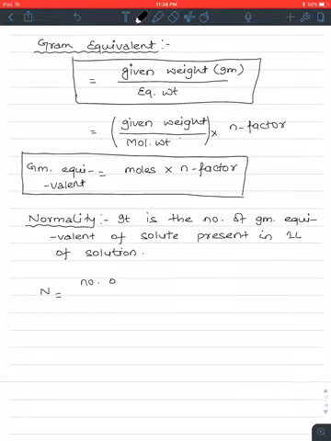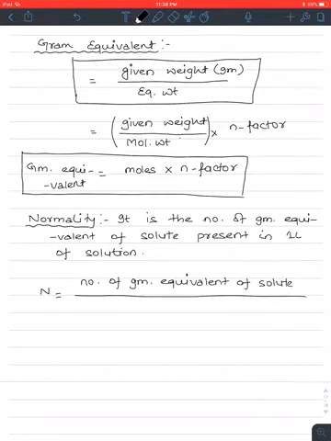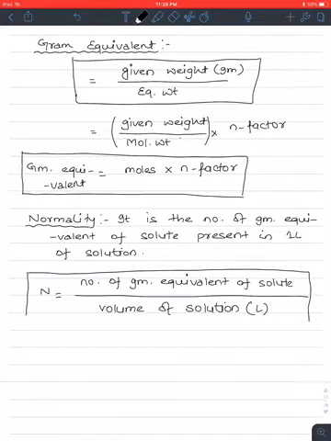Mathematically, we can write normality is equal to number of gram equivalent of solute divided by volume of solution in liters.